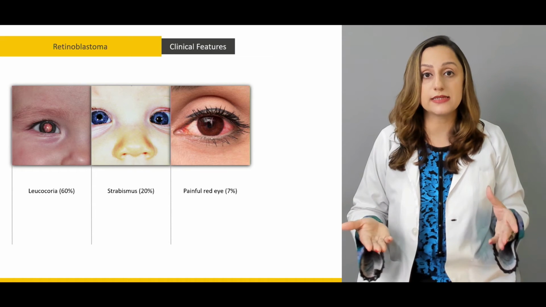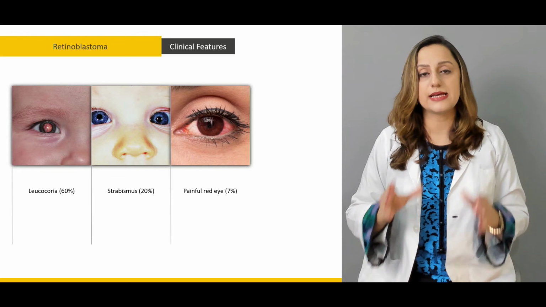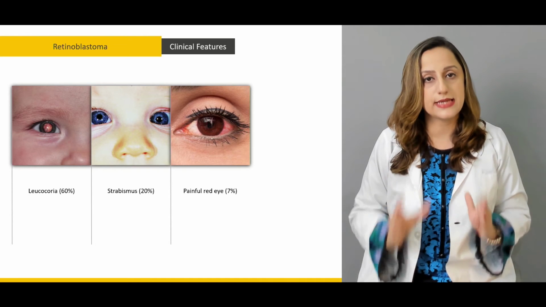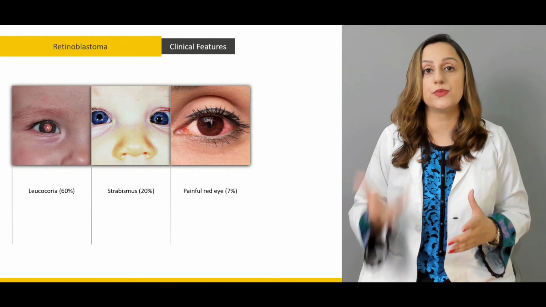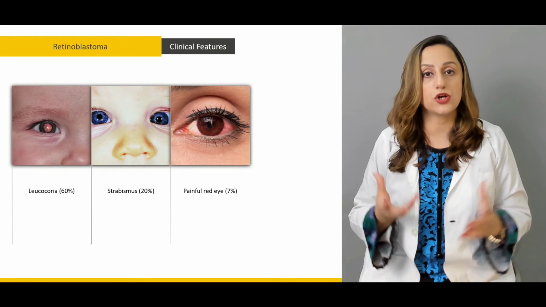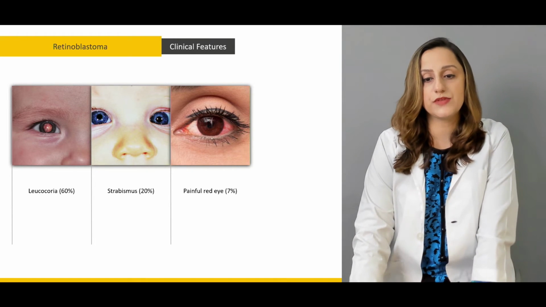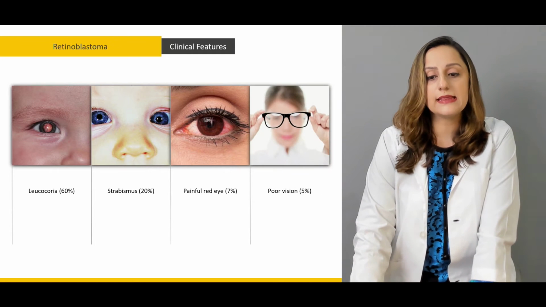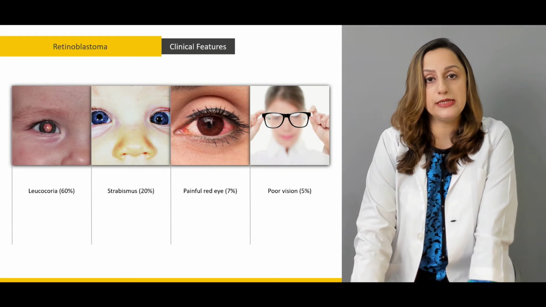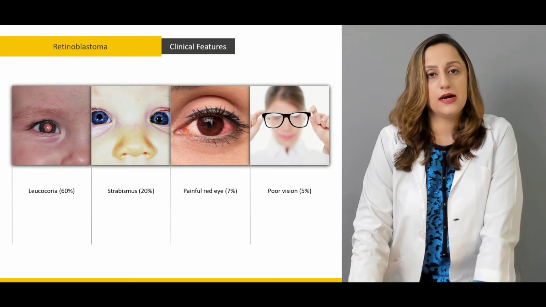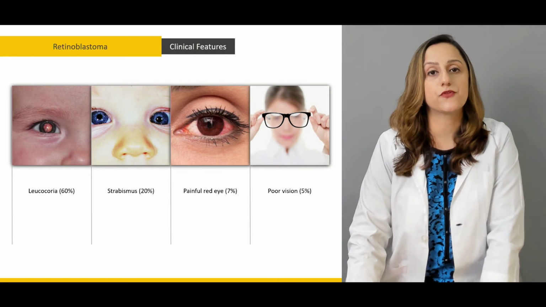So in almost 7% of the patients, that's just a very small percentage, when you investigate the patients further, the underlying cause is found to be retinoblastoma. So it can be one of the clinical presentations as well. And then decreased visual acuity. A poor vision or decreased visual acuity can be one of the clinical features that the patient may be suffering from.